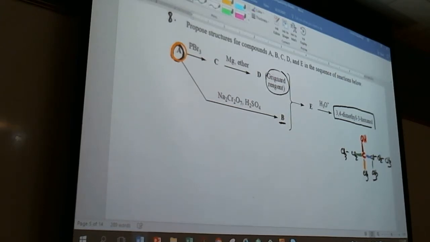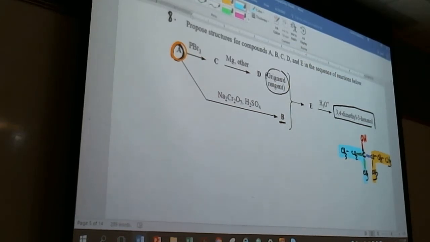If I make this bond, this piece with 4 carbons is going to be attacking this piece with 4 carbons. So now I have 2 4-carbon pieces that can be coming from the same original 4-carbon compound A.